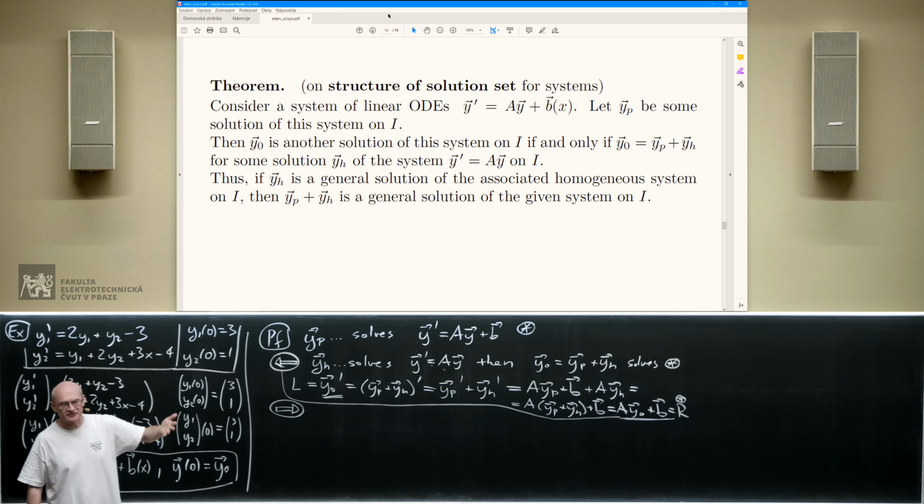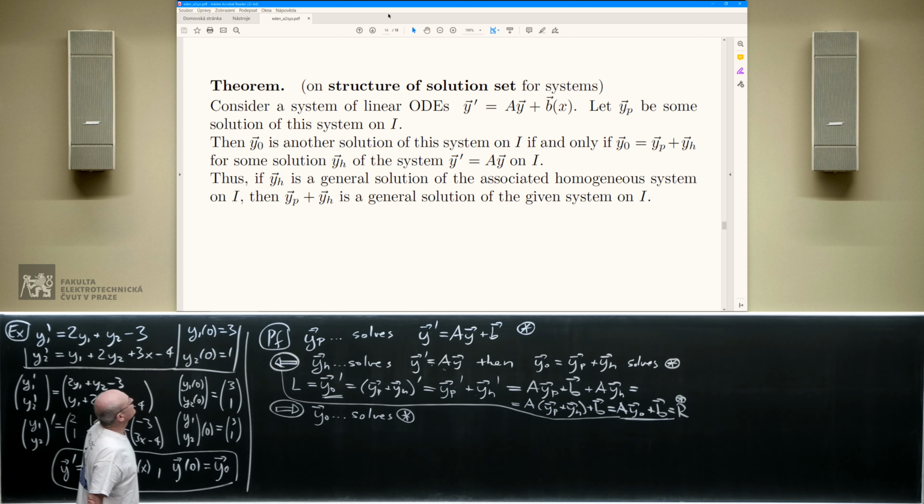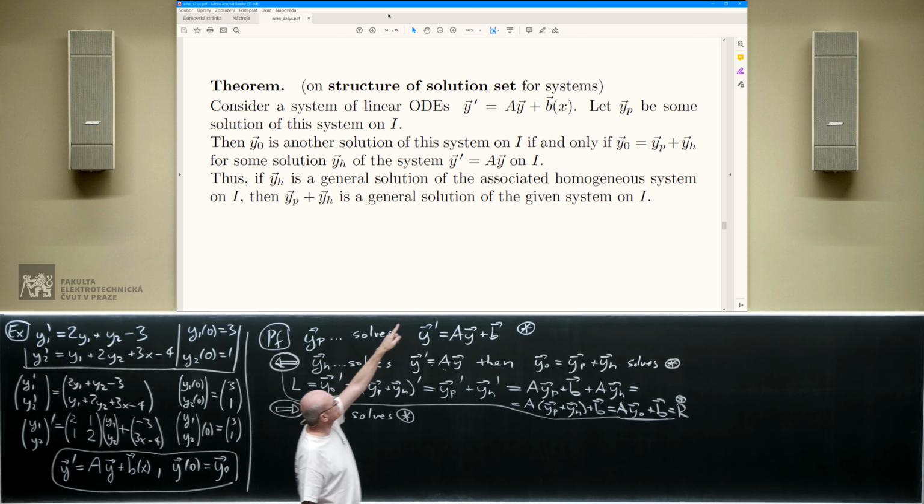Let's see. What's my task? Or what's my target? Well, I have to show that this y naught came in the very special way. I have to think about it, I have to show that there is yh that works exactly like that. So I have to find this yh.